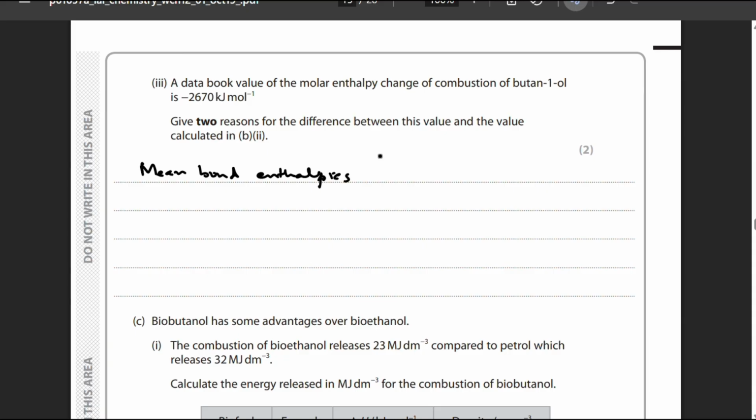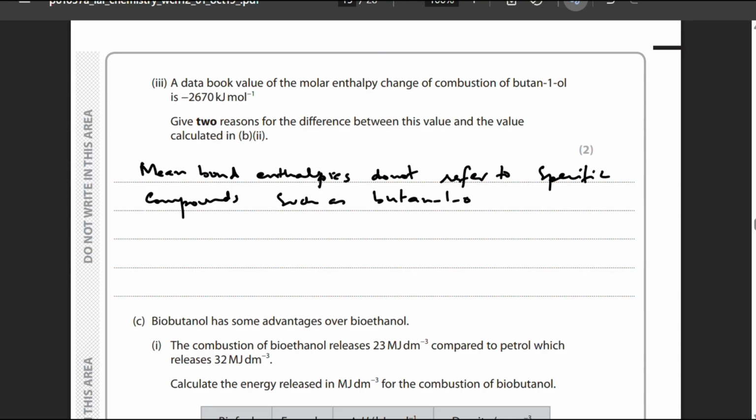So mean bond enthalpies do not refer to specific compounds such as butanol, which is given here.